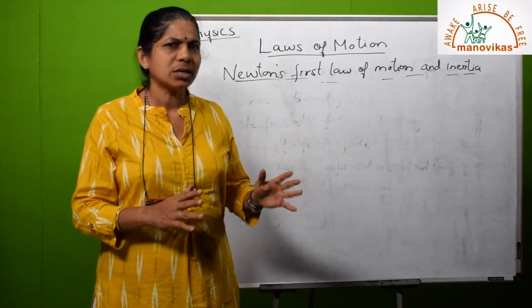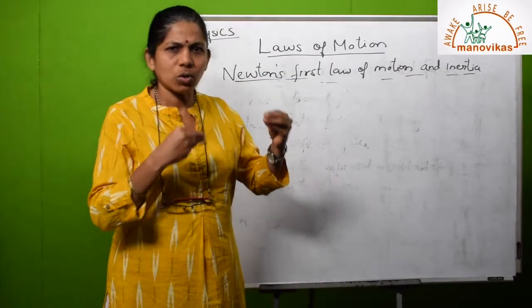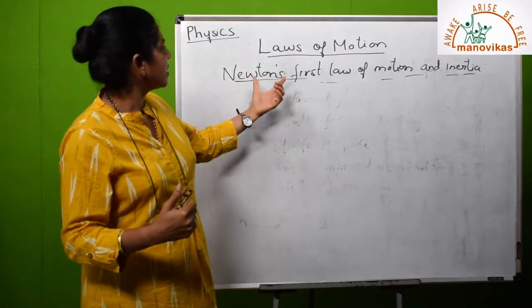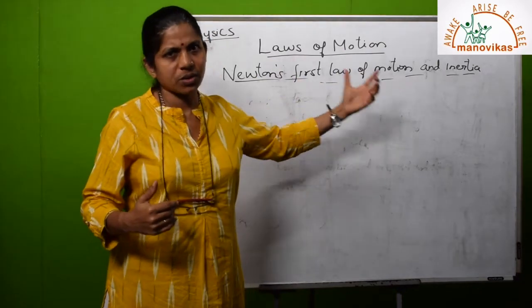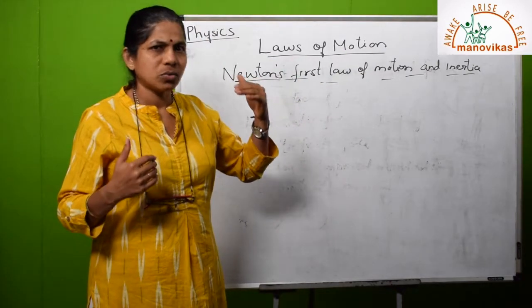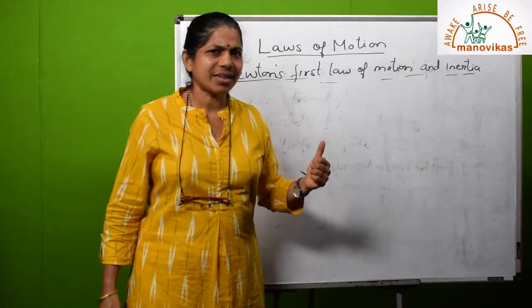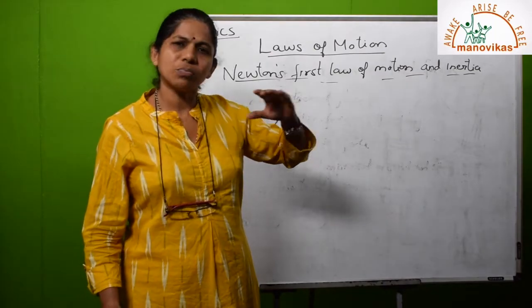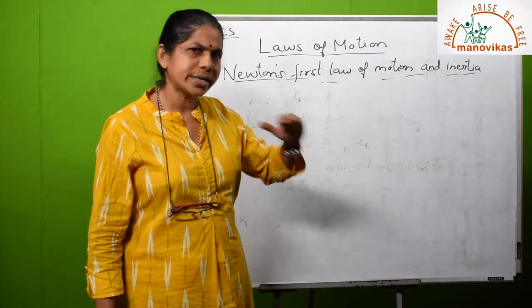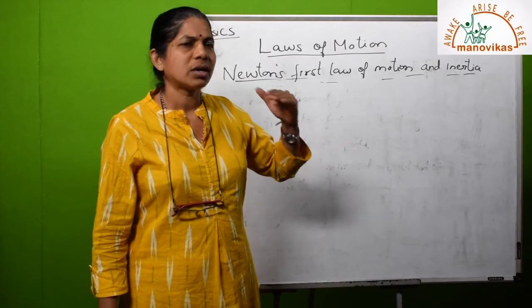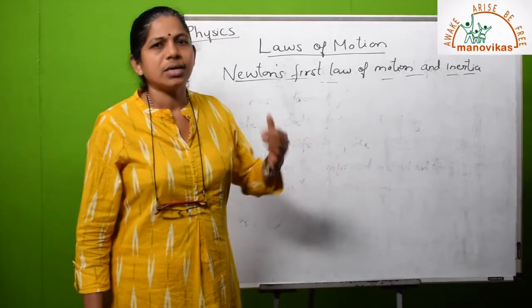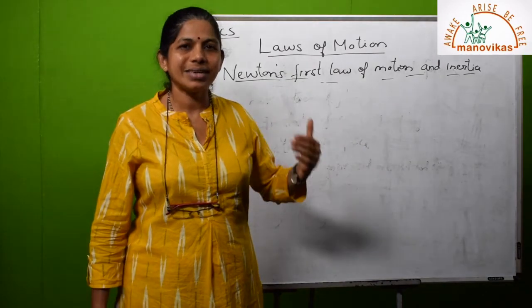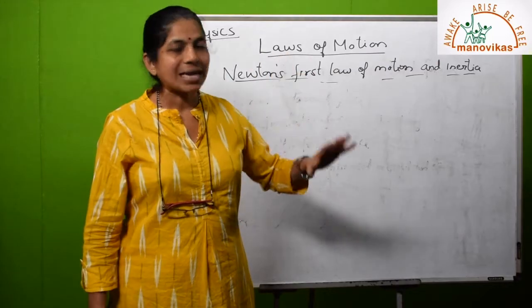Now Newton tried to formulate both the observations in the form of a law which is called Newton's first law of motion. Now what does it state? Newton's first law of motion states that when an object is in motion, it continues to remain in motion, or when it is at rest, it continues to remain at rest, until an external unbalanced force acts on it.